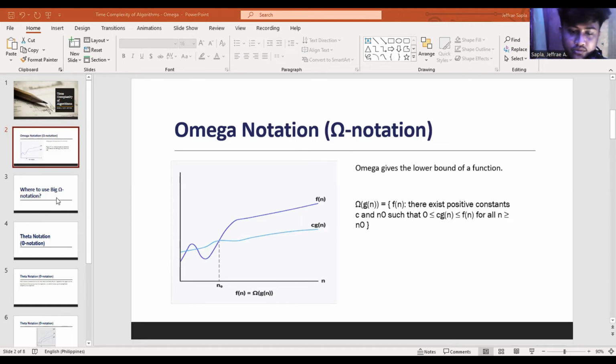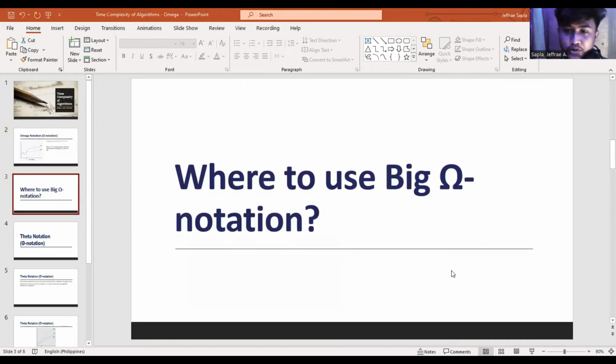So, we're to use a big omega notation. Big omega notation is the least used notation for the analysis of algorithms because it can make a correct but imprecise statement over the performance of an algorithm.